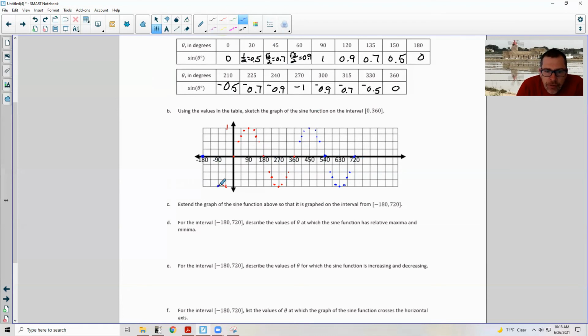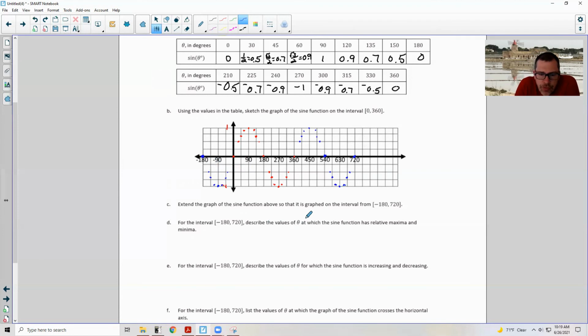That'll be 0, or -1, I mean. And then it's going to copy these distances here. So I'll be about here and here, here and here, here and here. So there it is, coming down, curving, coming back up. Okay, so there's part C.